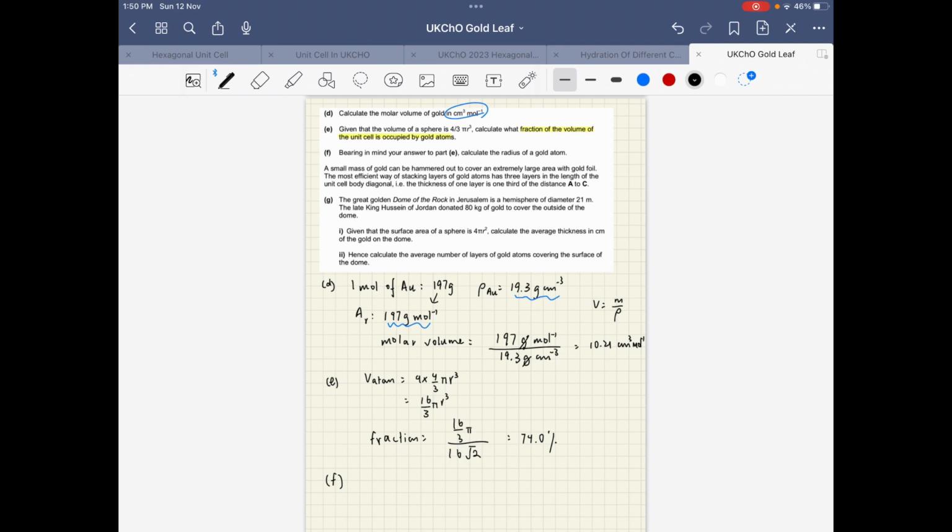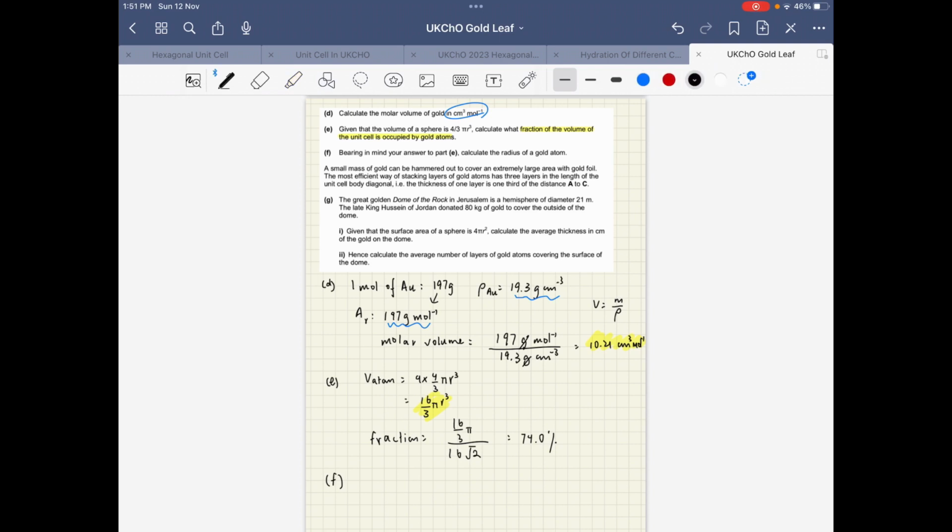So we will need to use this result, which is the fraction of the unit cell that is actually atoms. Okay, because I know that 1 mole of gold atoms will occupy 10.21 centimeter cube, I will need to find the volume of one atom.